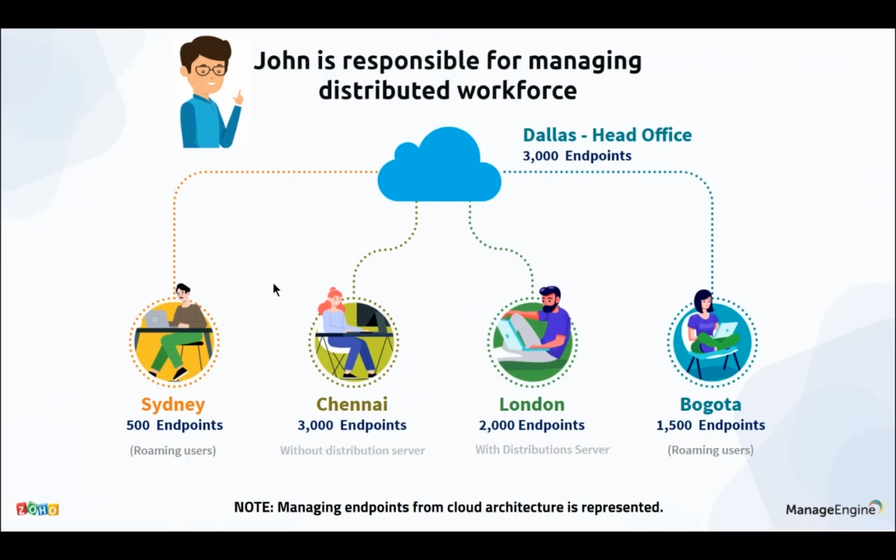Seeing the distributed workforce, we also have a cloud architecture, where you should be able to manage all your endpoints on the internet, including those connected from remote locations or head offices, all from a cloud architecture as well. So we offer both cloud architecture as well as on-prem.